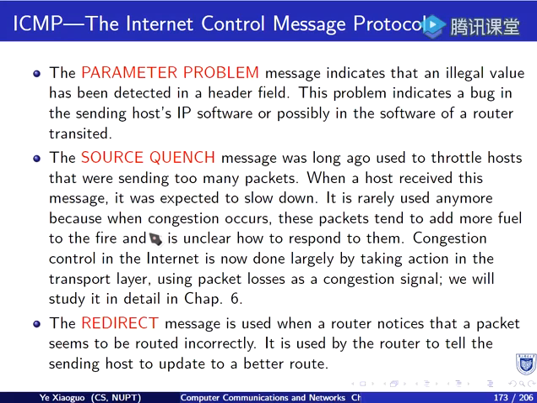The parameter problem message indicates that an illegal value has been detected in the header field. This problem indicates a bug in the sending host's IP software and possibly in the software of a router transited.